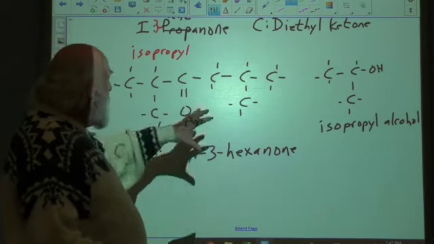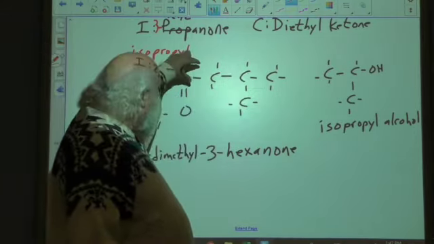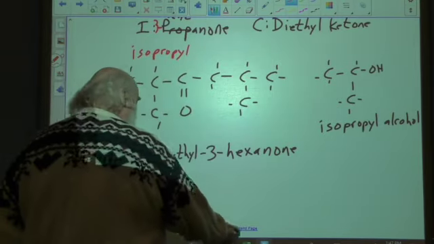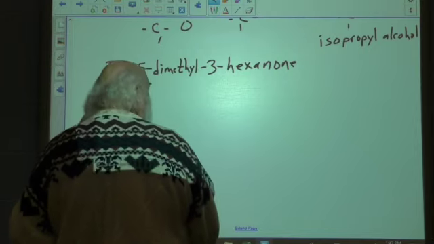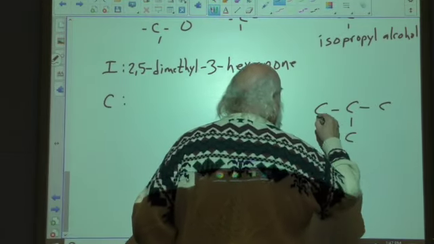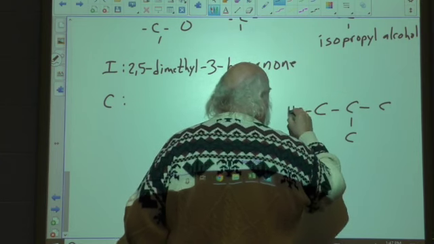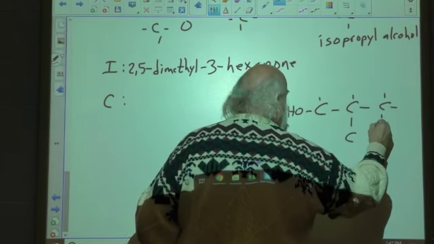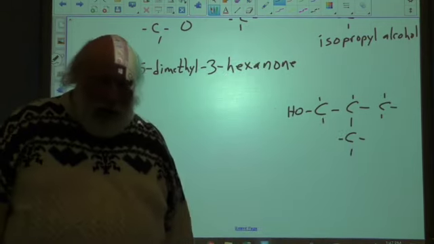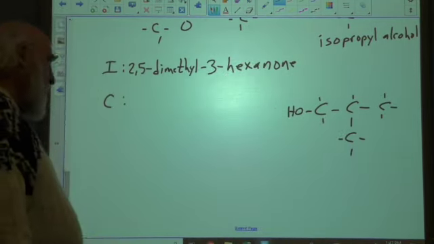Now, I'm going to take this one off right here, and I'm going to attach the OH to the carbon that's bonded to the carbon over here. Okay? So that looks like this. I'm going to put the OH there. Remember, HO and OH are the same thing because I just want to show that oxygen locked into that carbon, not the hydrogen.